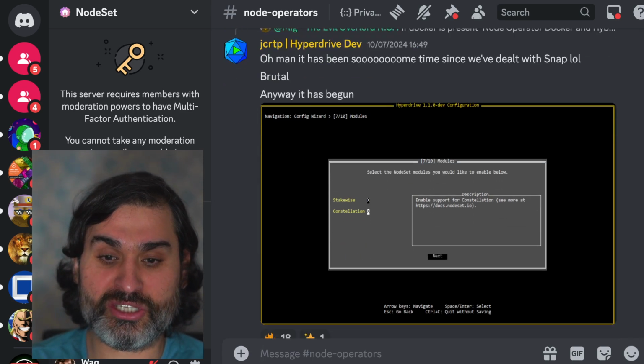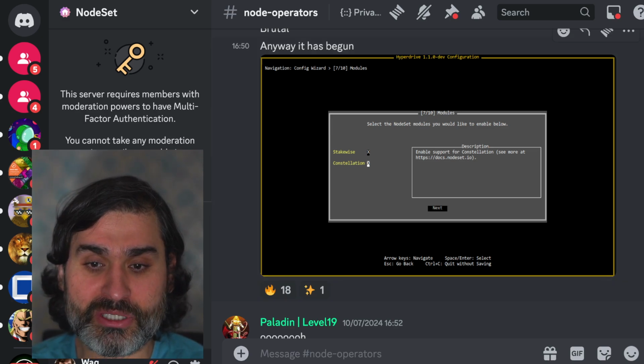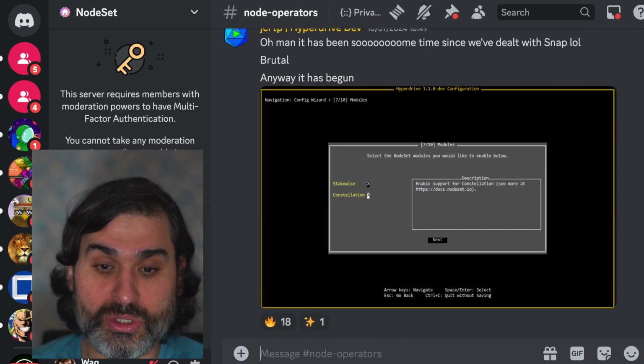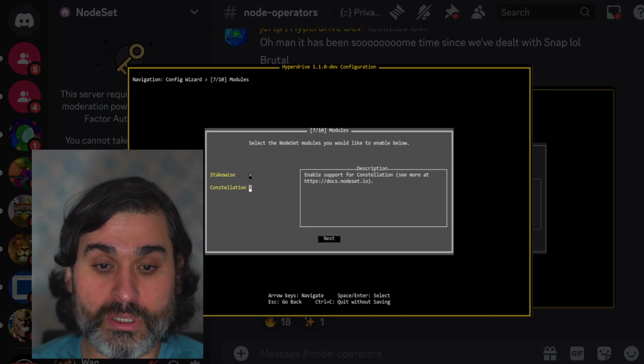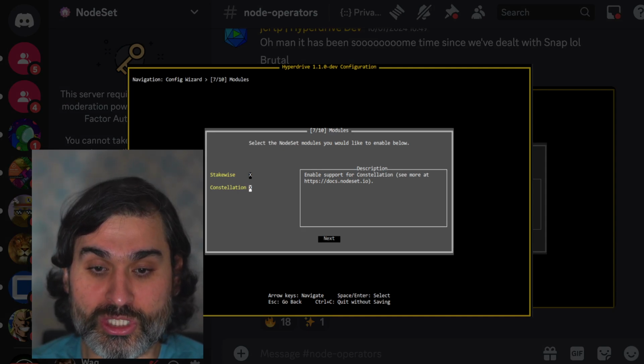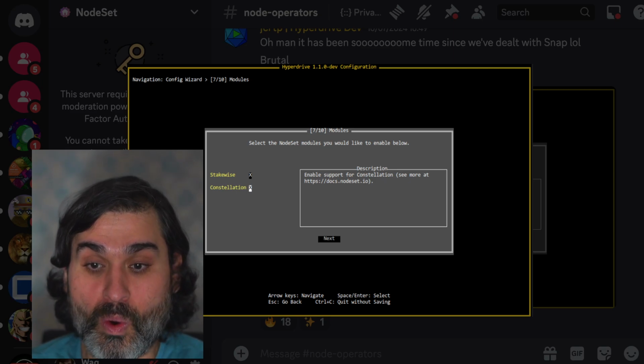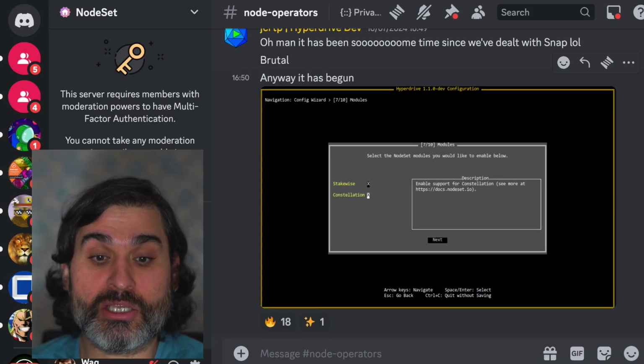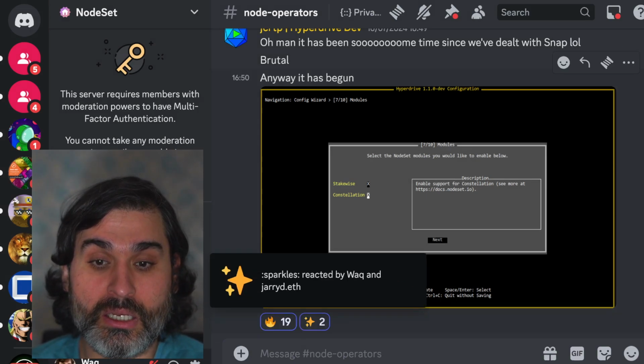And here there is a screenshot of the Hyperdrive Constellation configuration, and this is for the TUI, the terminal user interface. And it says, do you want to start the Stakewise module or the Constellation module? And then it says enable support for Constellation. See more at docs.nodeset.io.